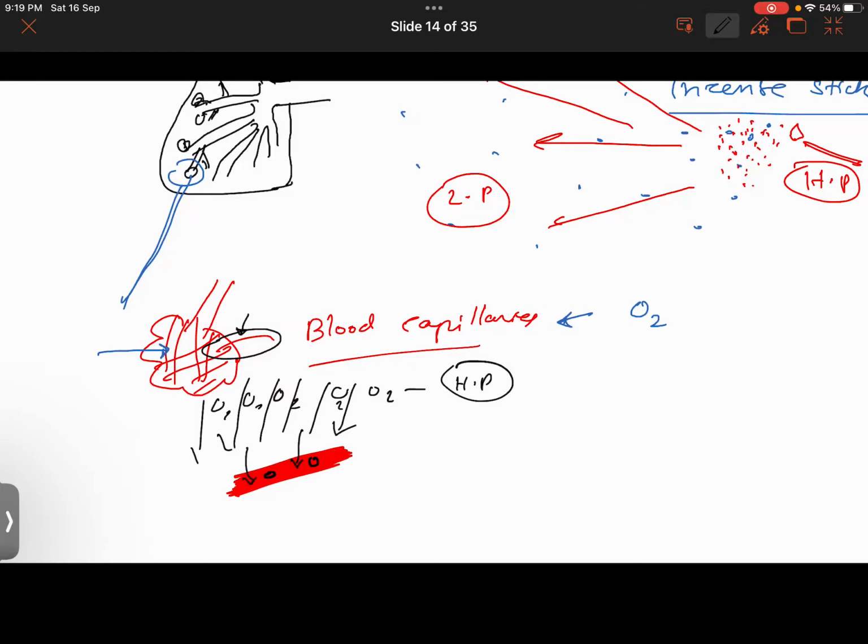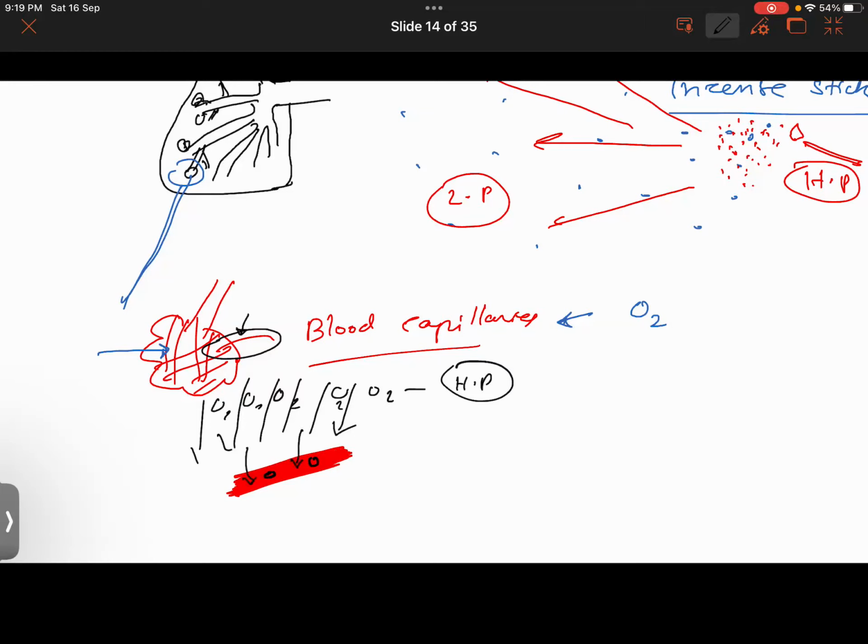This portion here is the bronchioles, and this bronchioles further branches up and divides into different alveoli. So many alveoli. This bulb-like structure that you see here is actually the end point of the bronchioles, and alveoli look like these bulb-like structures.